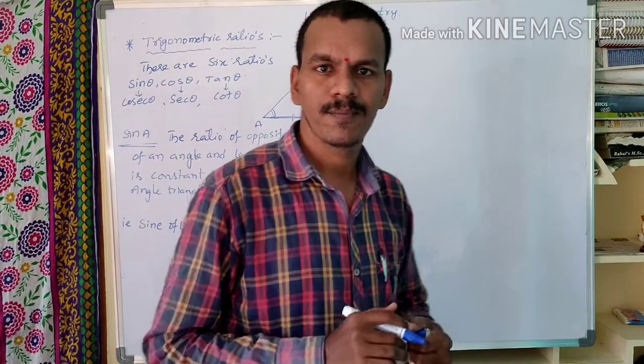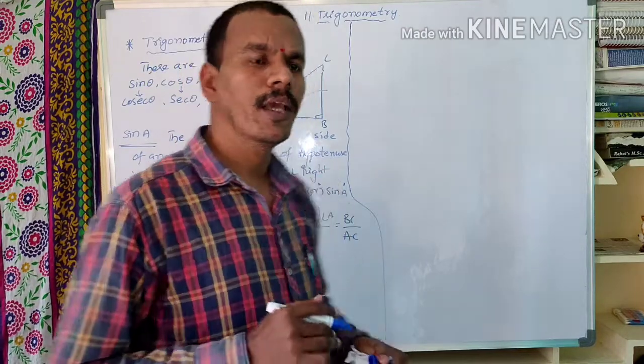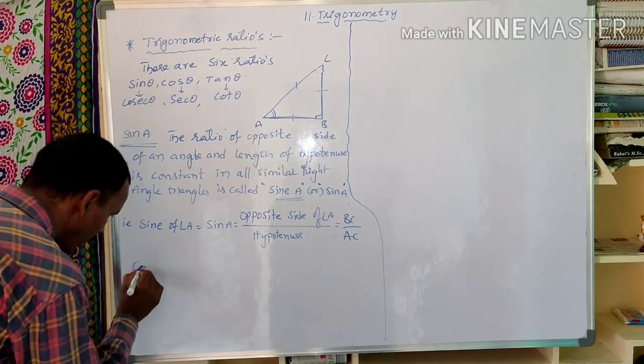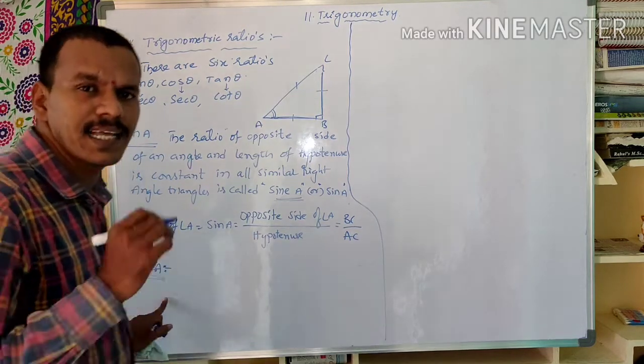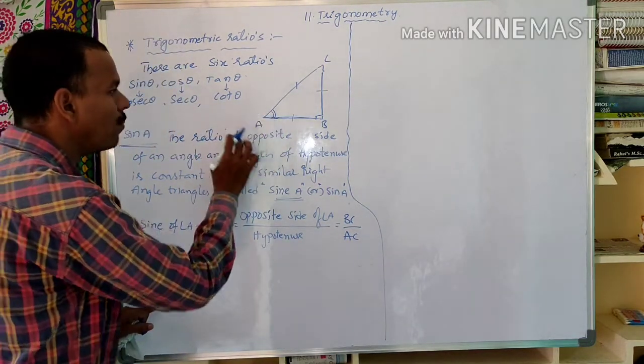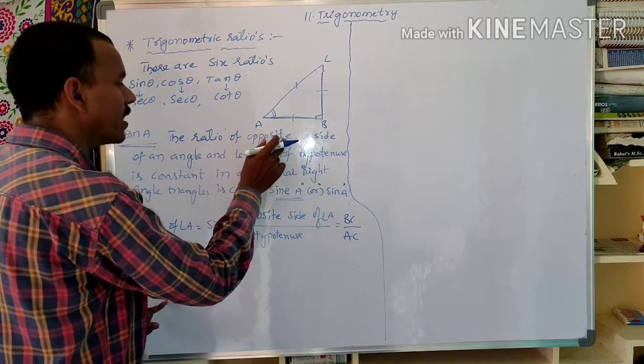Next, cos A. So what is cos A? Cos A is the same as it is, just in the opposite side's place we have to take the adjacent side.